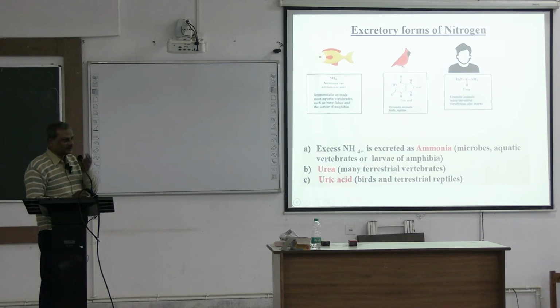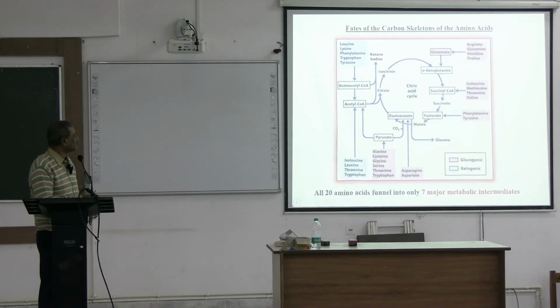Usually fishes excrete ammonia as such, so they are called ammonotelic organisms. Birds excrete this extra amount of nitrogen as uric acid, so they are called uricotelic. Mammals, and also we human beings, excrete ammonia as urea, that is why it is called ureotelic, nothing more than that.